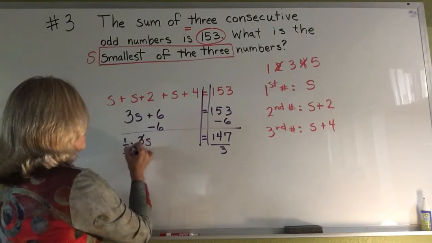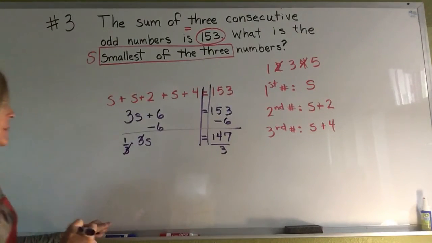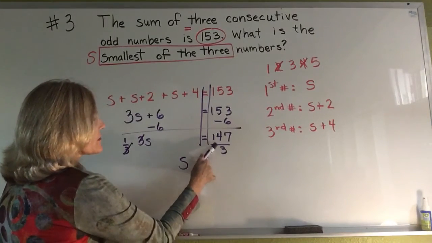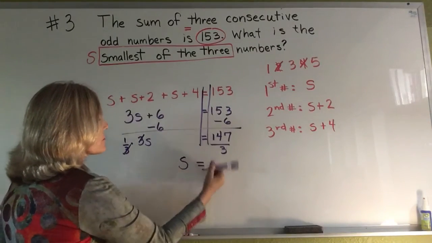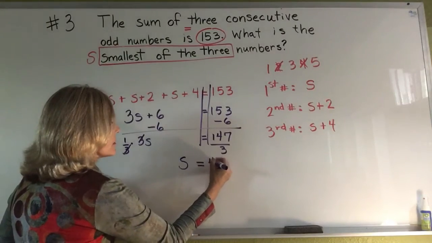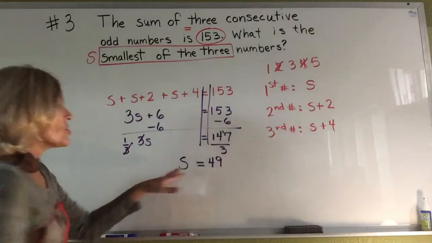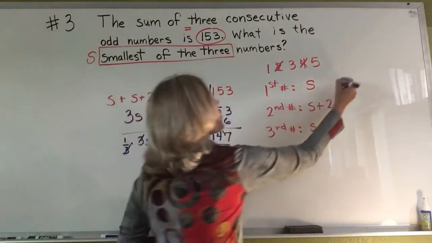So on this side, the numerator and denominator become 1, leaving us with S equals, so then when I divide, let's see, 3 goes into 14, 4, 2 left over, 9, 49. So the smallest number is 49.